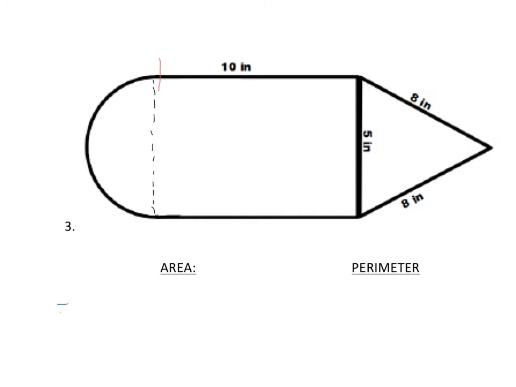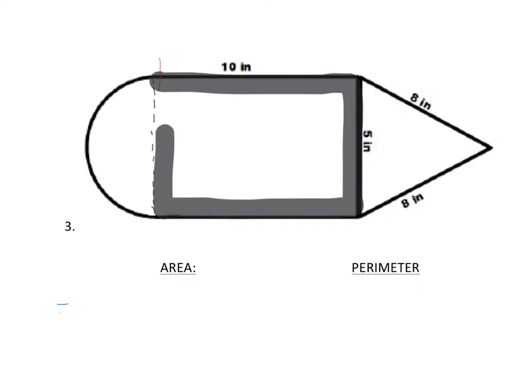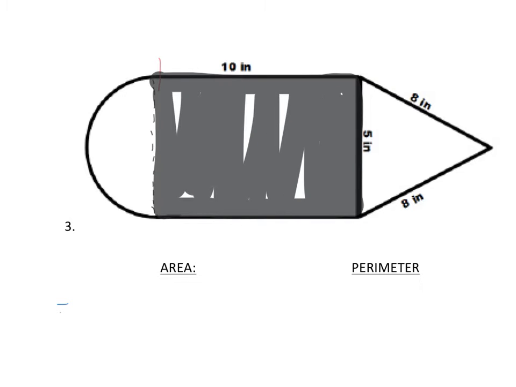Now, I'm going to find the area of my rectangle first. And as you can see, the length with this rectangle is 10. So I'm going to write in 10, and the width is 5. So you're going to end up doing 5 times 10, which is 50 for your area.